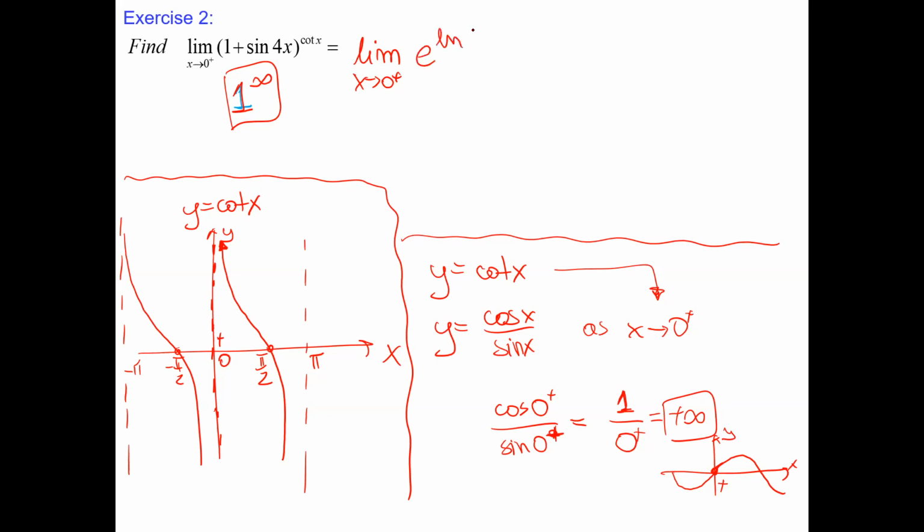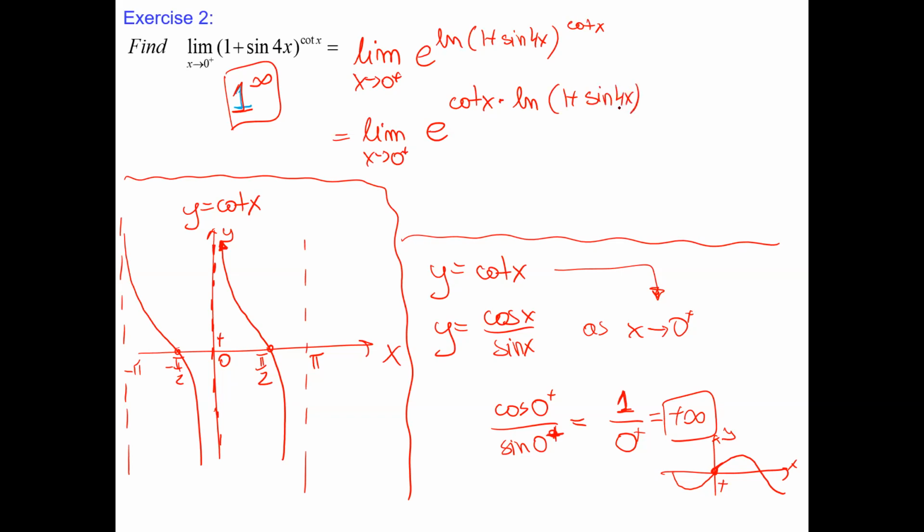e to the ln, and I will copy our quantity. Cotangent. Limit as x goes to 0, e, and then cotangent of x can be placed in front of the ln.